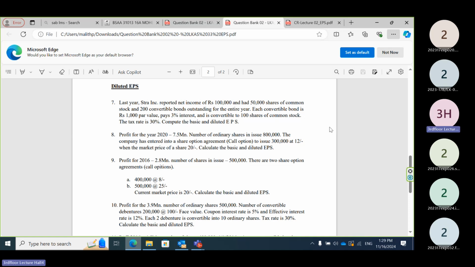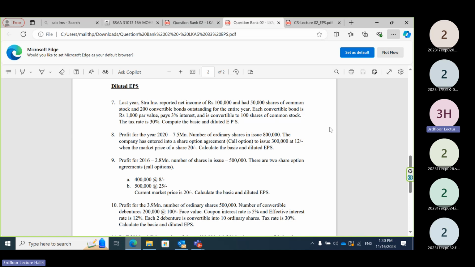Diluted EPS 6.818. You can see that there's a dilutive impact. So then you have to disclose this. There's a dilution. That's why I told you, if you are having convertible bonds or convertible preference shares, you have to check the dilutive impact.